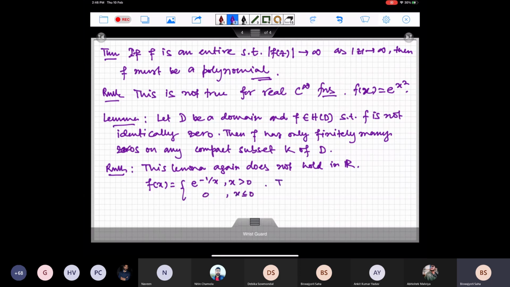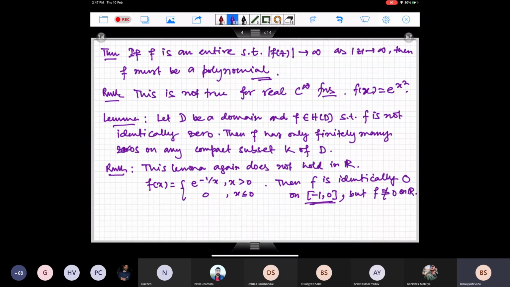If you think of this function, then f is identically 0 on, for example, minus 1 to 0 closed. So in this interval it is identically 0, so there are infinitely many zeros, but f is not identically 0 on R. So clearly these are some of the very important differences between complex analysis and real analysis.